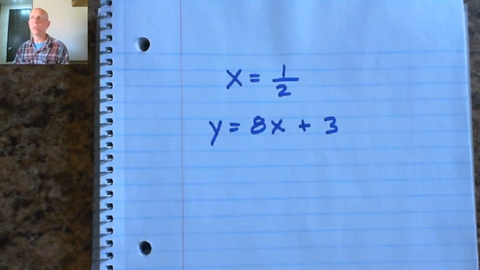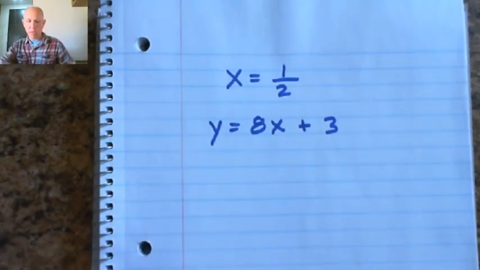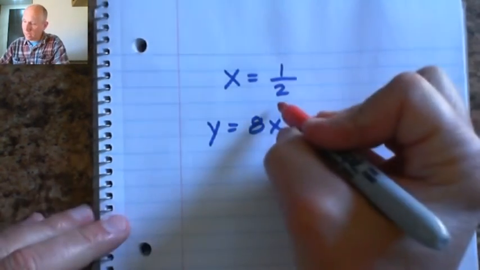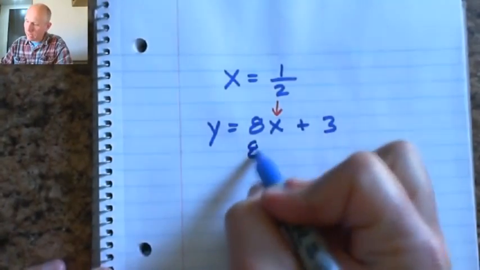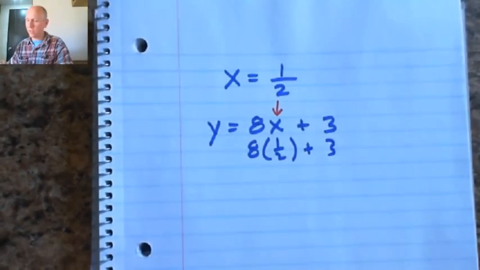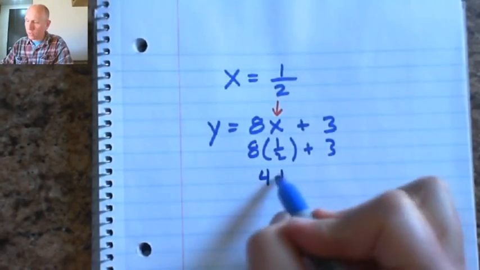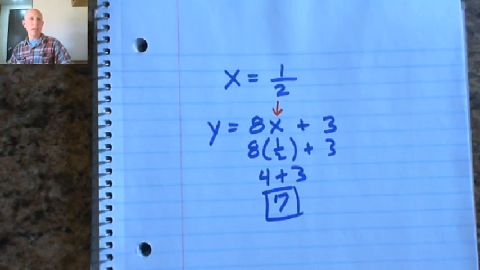Pause it if you need to and try it. All right. I'm going to plug in that 1/2 right here for the x. So this is going to be 8 times 1/2 plus 3. That's not a very good 1/2, is it? Half of 8 is 4, so this is 4 plus 3, which is 7. So you get a 7.